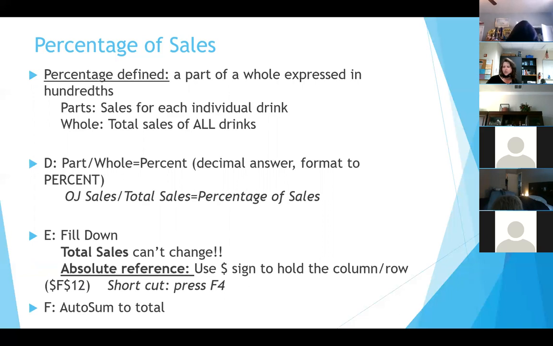And then of course we'll use the auto sum to total. And what should that total be? I mean, you should be able to tell me right now what the total in F12 would be.